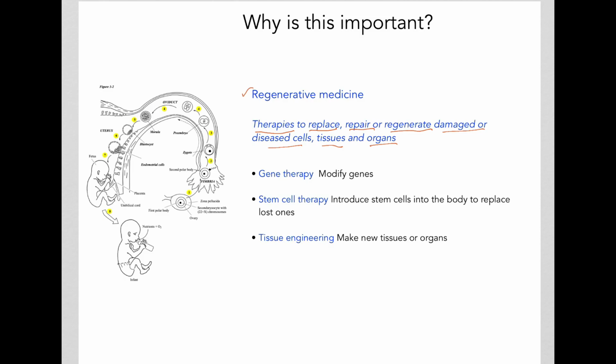Regenerative medicine involves gene therapy, where genes can be modified, stem cell therapy, where we can introduce stem cells into the body to replace lost cells, as well as tissue engineering, where we can make new tissues or organs to replace the diseased or non-functioning tissues or organs.